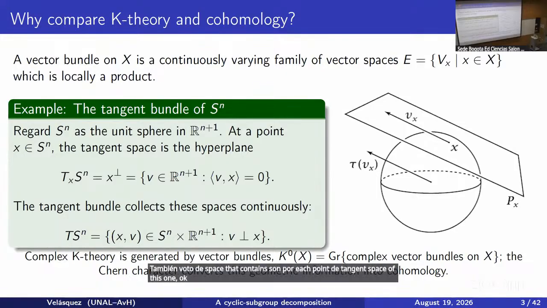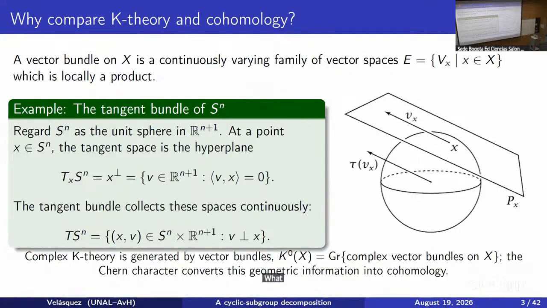Okay. What is K-theory? Complex K-theory is the Grothendieck group of the monoid of isomorphism classes of complex vector bundles on a space. Okay, this is the K0 group. This group is very important, but it's very difficult to compute.